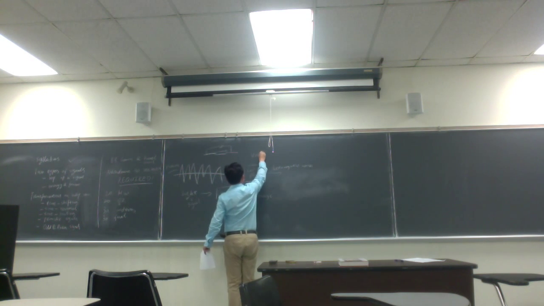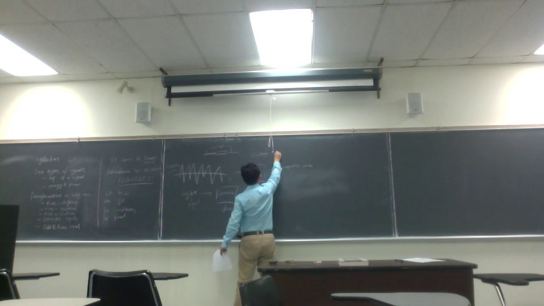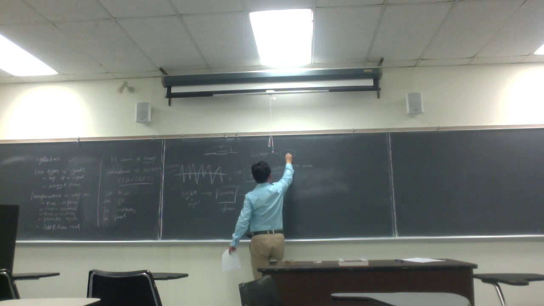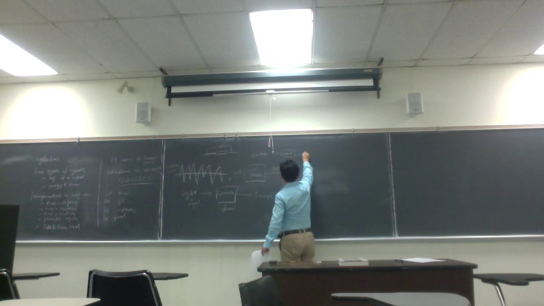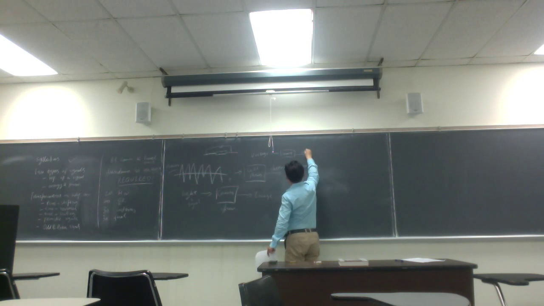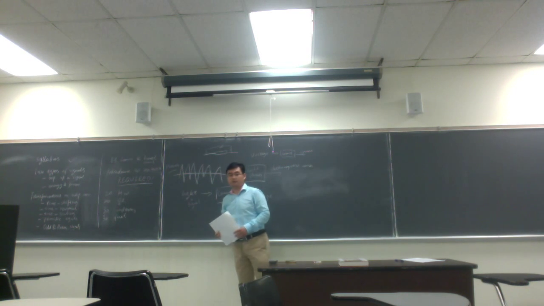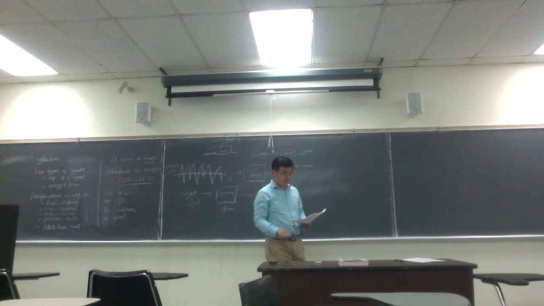So we have voltage, and we have this circuit, and then we can calculate its current. So this is a very simple signals and systems example.